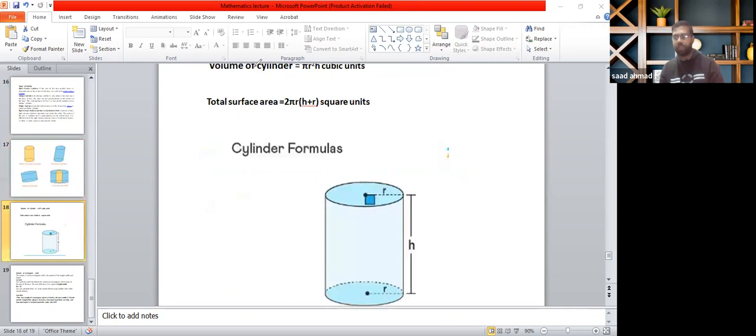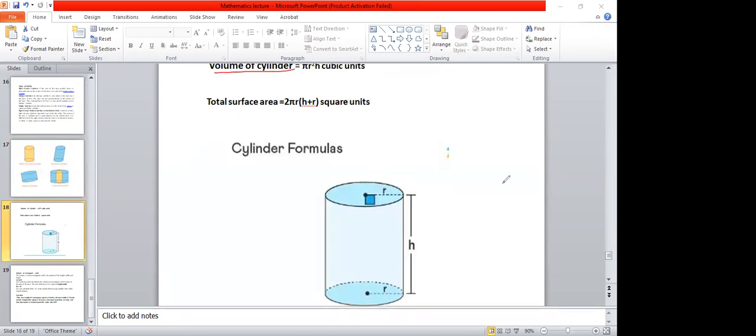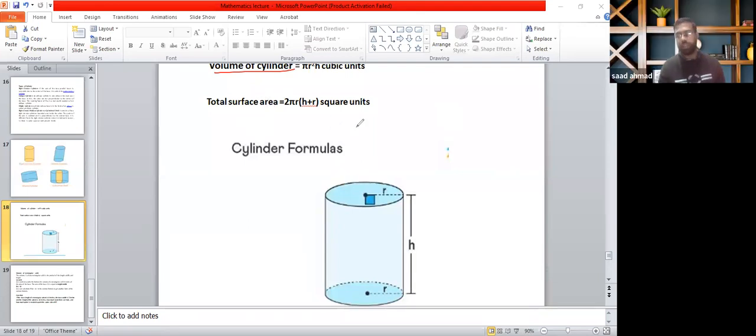Okay, so this is the formula for the cylinder. The volume of the cylinder. Now let's see how we can find the volume and then the total surface area. For the volume, we find the area of one disk like this.